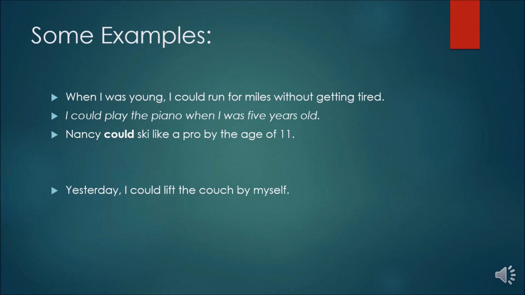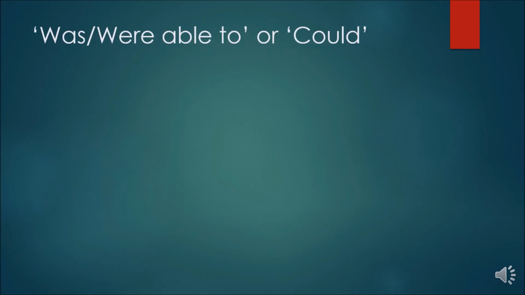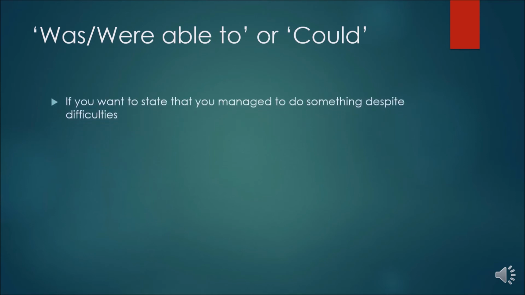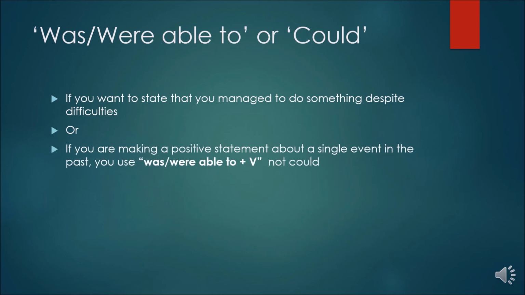This one. Yesterday I could lift the couch by myself. This sentence has a problem. So, what's the problem? The answer is the difference between was, were able to and could. If you want to state there were some difficulties and you managed to overcome those difficulties, or if you want to talk about a single event, you use was, were able to.